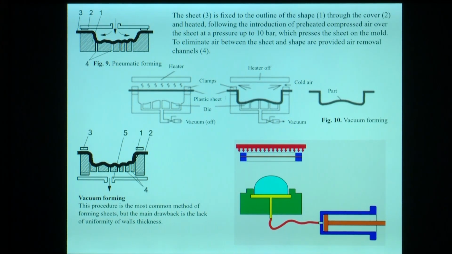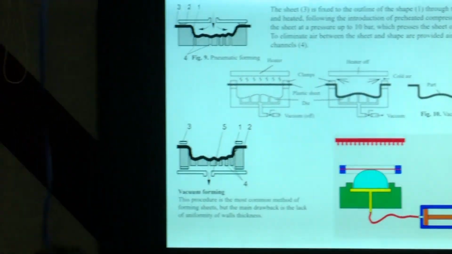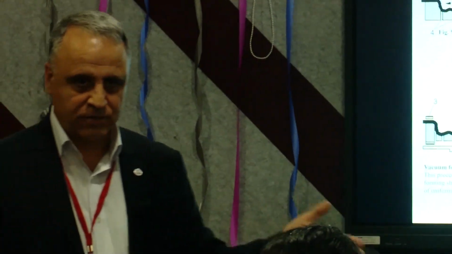From the research point of view, in my opinion, this is a huge research area. Why? First of all, because we can use different plastic material sheets and combine them with each other, taking into account the initial properties that it is better to know.